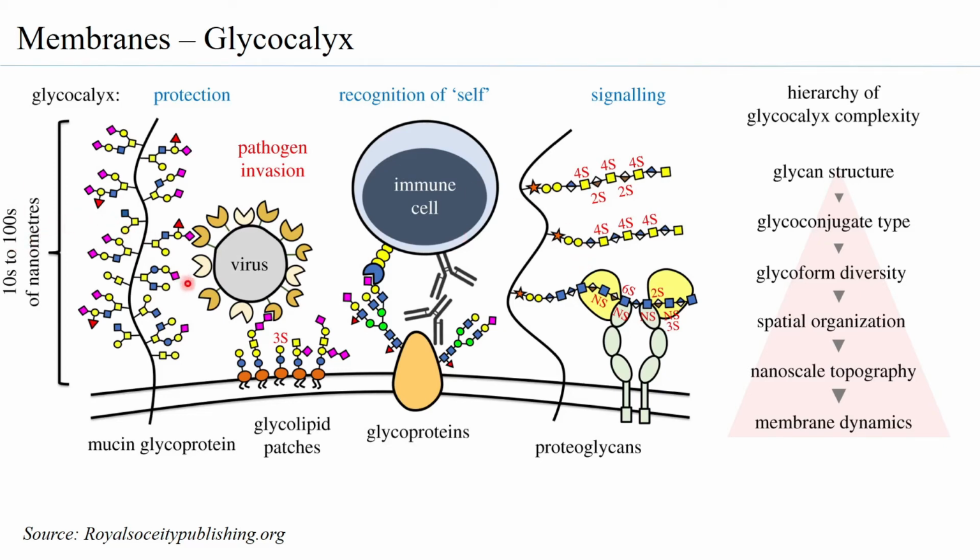Now, the presence of a certain type of sugar can also be a kind of hotbed for viruses to interact, or they could be molecules to which the surface proteins on the viruses can bind. So whether the pathogen can invade a particular cell type or not would depend very much on the glycocalyx that is present on the surface.